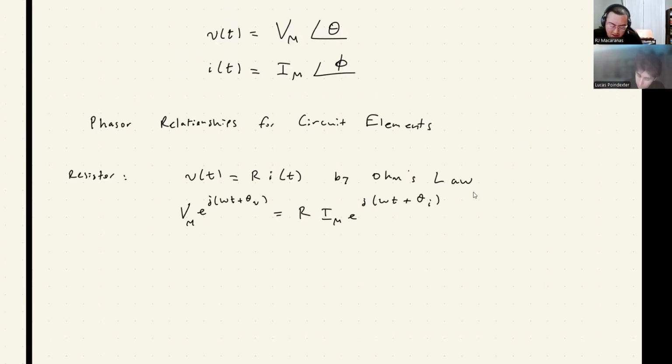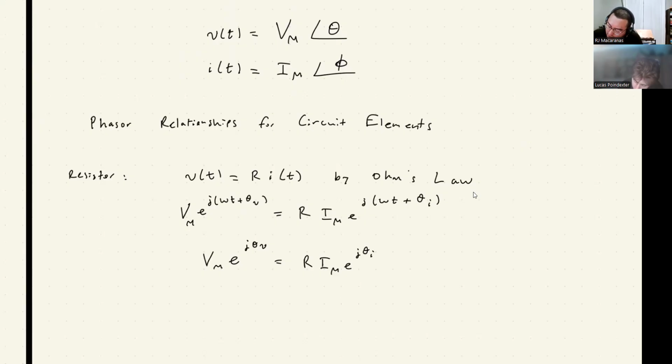So again, these are distinct phase angles. I can cancel the j omega t terms here, and I'm left with V sub m e to the j theta v equal to R times I sub m e to the j theta I.